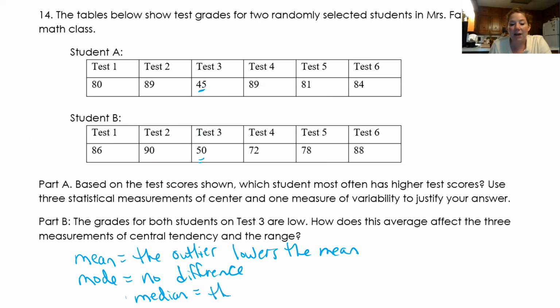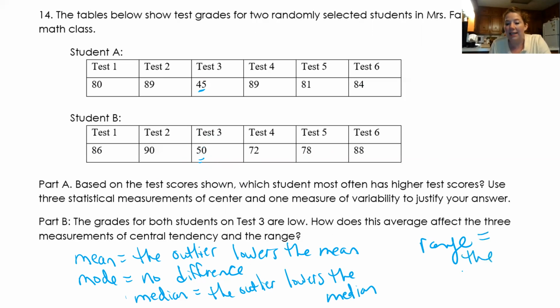So I would say the outlier lowers the median also, but it has the opposite effect on the range. Since that number is really low and we're subtracting the highest minus the smallest, the low outlier increases the range. It makes it much bigger.